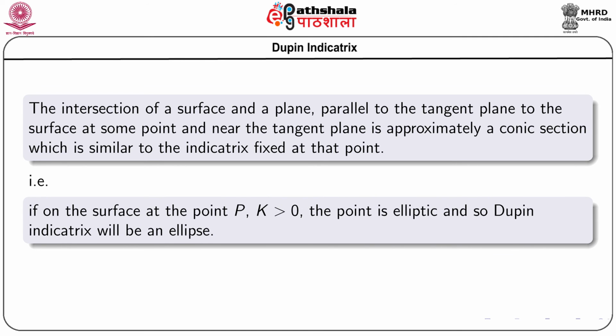That is, if on the surface at the point P the Gaussian curvature is greater than 0, the point is elliptic, and so the Dupin indicatrix will be an ellipse. So, just by getting this conic section, the nature of the point on the surface can be determined.